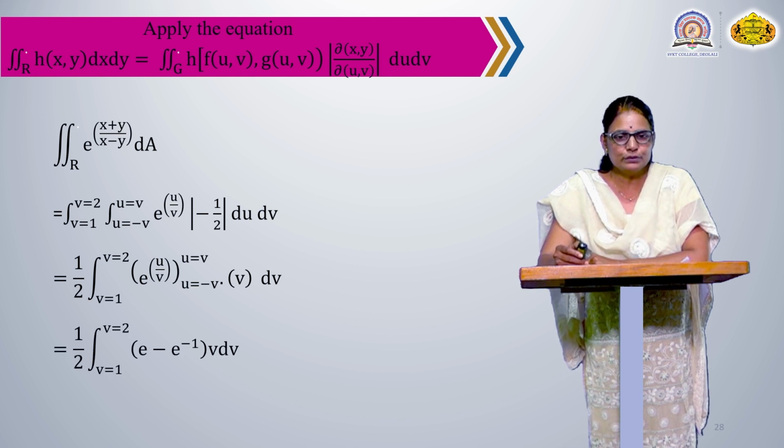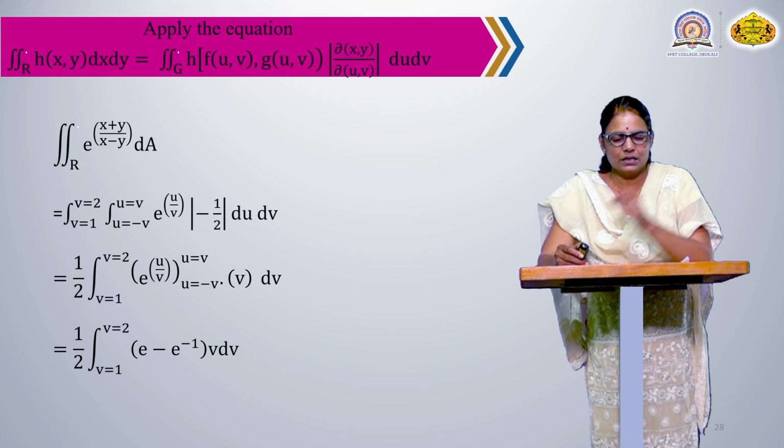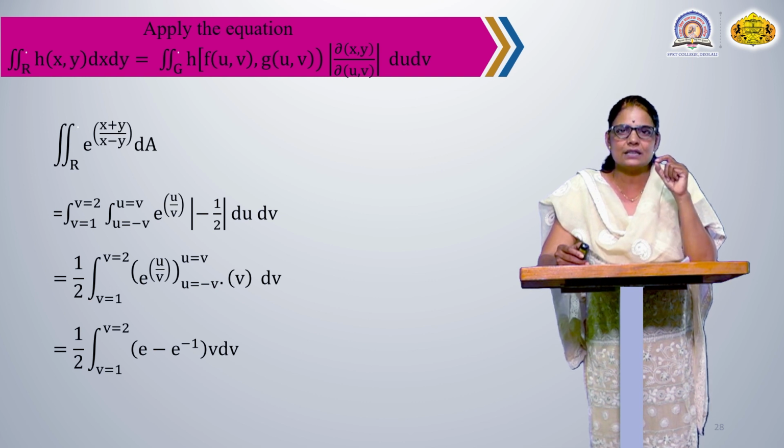After putting in, first we apply the upper limit. If you put u equals v, it becomes e only, and minus, put the lower limit, u replaced by minus v, so we get e raised to minus 1. v as it is, dv as it is. Now since e minus e raised to minus 1 is a constant term, write it outside of the integration.